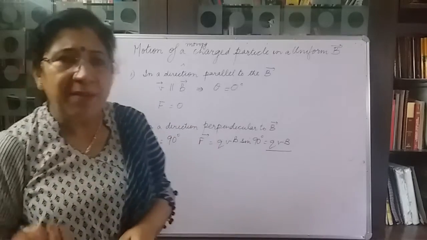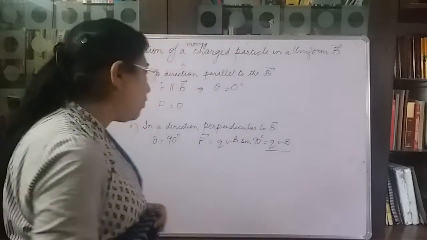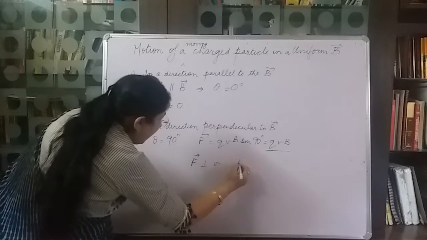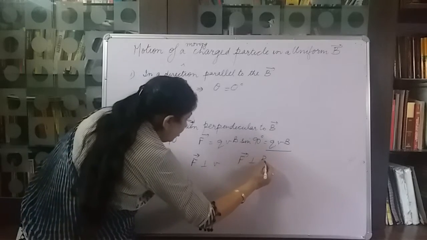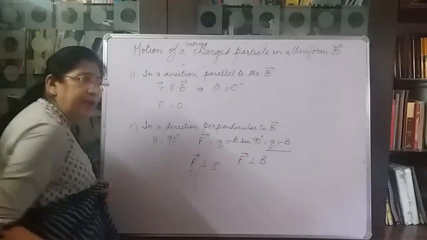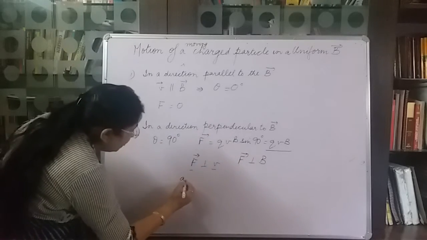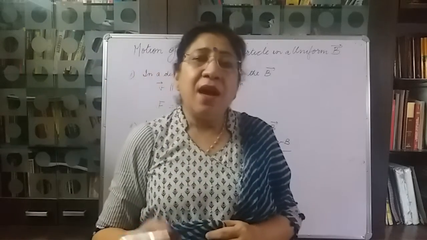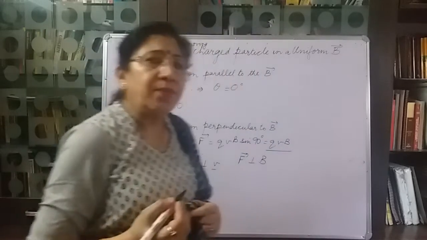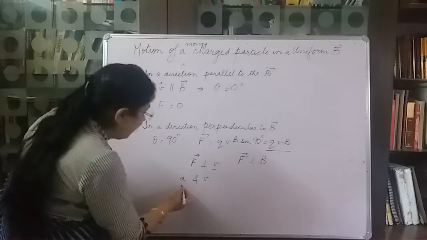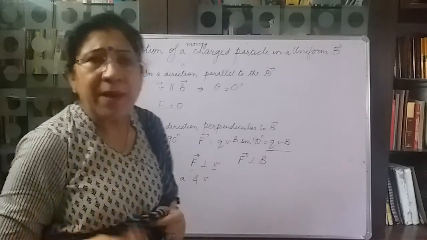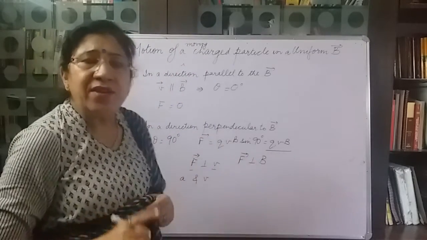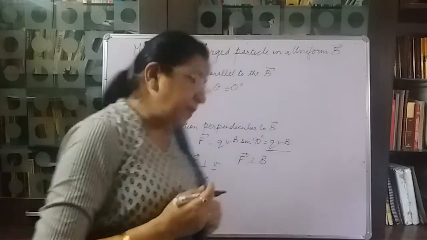By Fleming's left hand rule, the direction of the force is perpendicular to V, and the force is also perpendicular to B. If F and V are perpendicular, this means acceleration and V are perpendicular. This means the particle will start moving in a circular path. In a circular motion, the acceleration and velocity vectors are perpendicular to each other. So this force will provide the centripetal force to the charged particle.